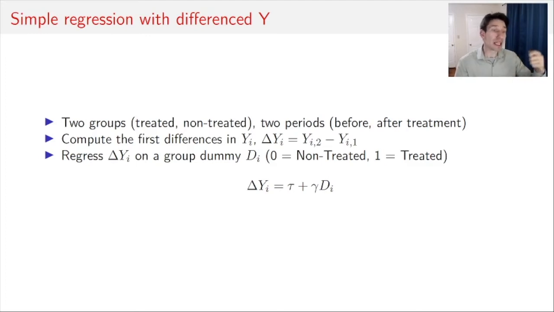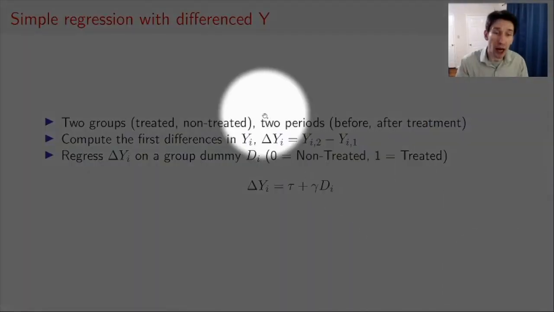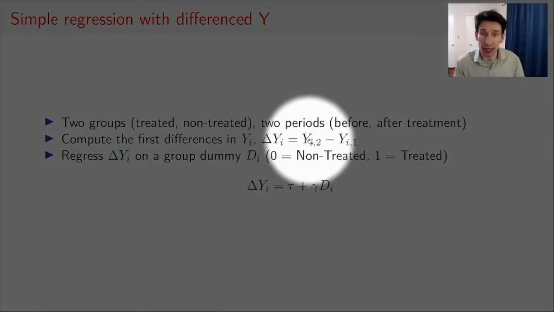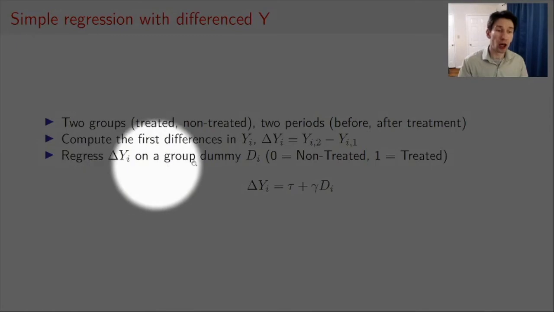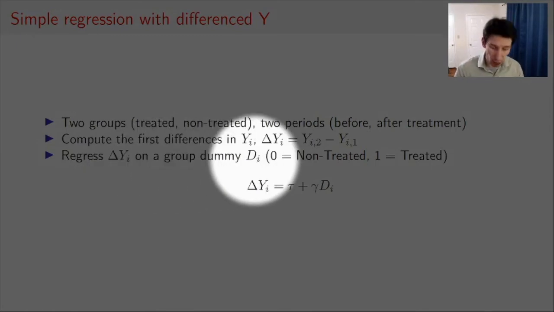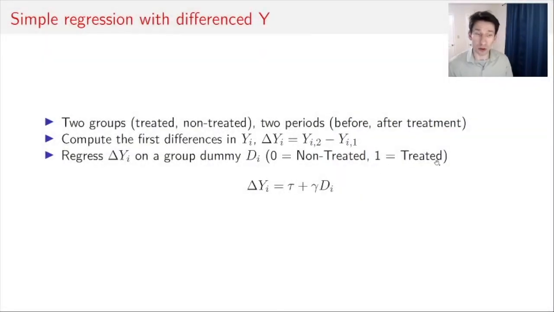This is because we have 2 groups, the treated and the non-treated, and we have the same individuals surveyed before and after the treatment. So we can compute the first difference in y, the delta y, which is y_i2 minus y_i1 for each individual. And then if we just regress the delta y_i on a group dummy, which is 0 for the non-treated and 1 for the treated, we call that d_i, well, we get delta y_i is equal to tau plus gamma d_i.